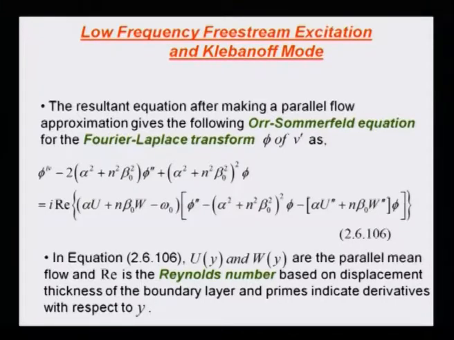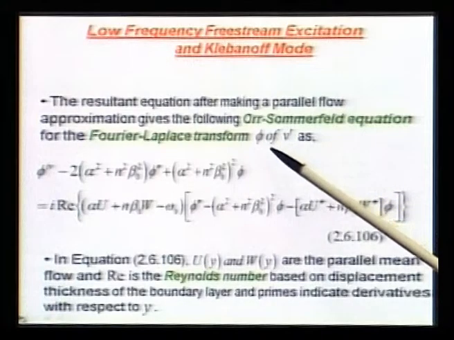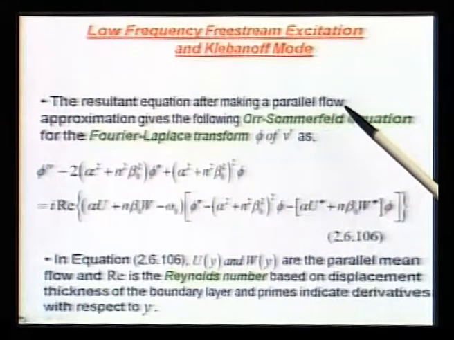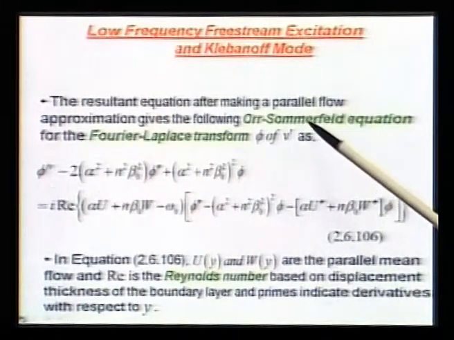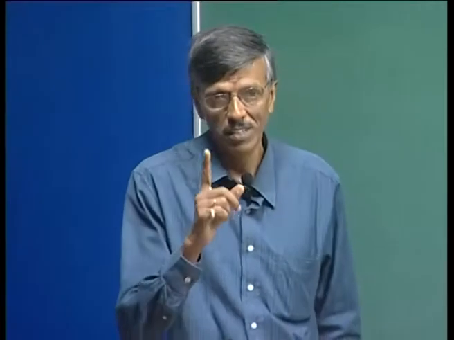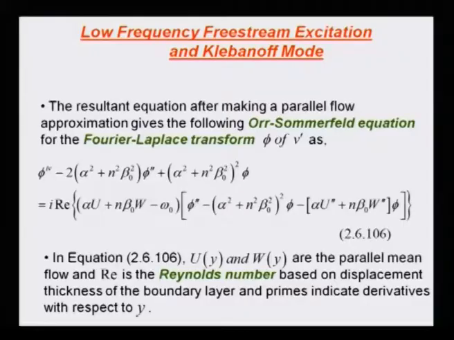So, we are basically talking about the Sommerfeld equation for the Fourier Laplace transform phi, which is the amplitude of the wall normal component of the velocity. V prime, this prime is not a derivative, it means perturbation quantity. So, please note that the prime and the primes here are of different kinds.